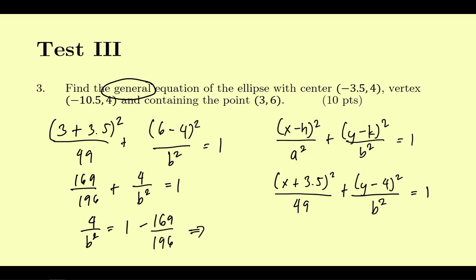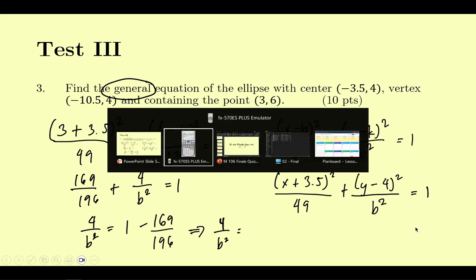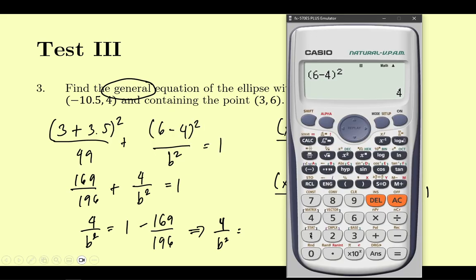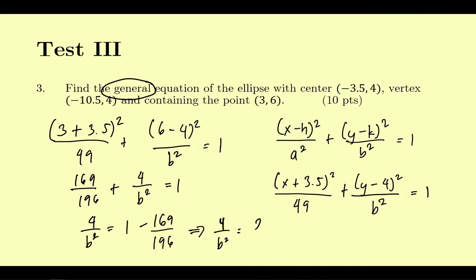And that results in 4 over b squared is equal to, siyempre, pwede rin i-calcu yan. Meron naman kayong calcu. 1 minus 169 over 196 is equal to 27 over 196. So 4 over b squared is equal to 27 over 196.